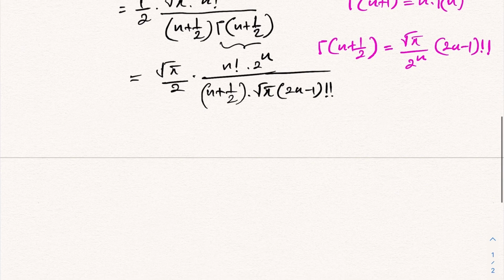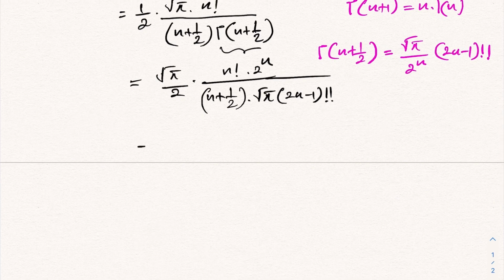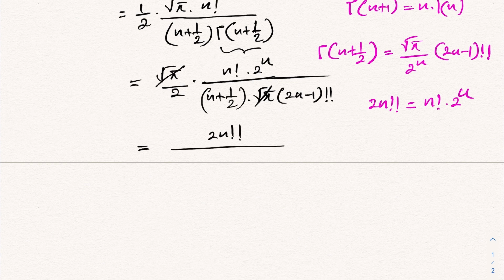Well, now we have to simplify. So here the square root of pi and the square root of pi get cancelled, and also in the double factorial video we discussed this formula: (2n)!! is equal to n factorial times 2^n. So in the numerator we have (2n)!! over here now (n + 1/2).